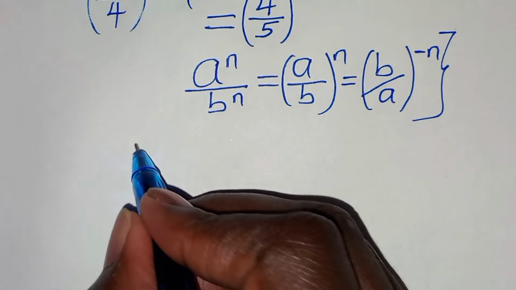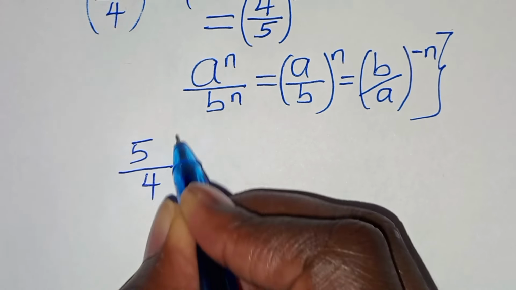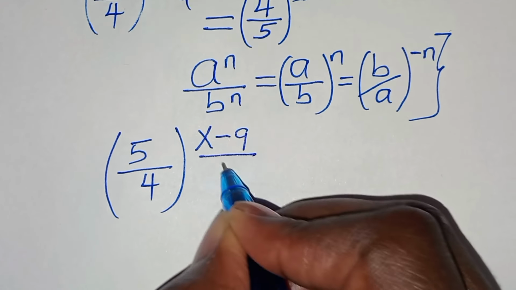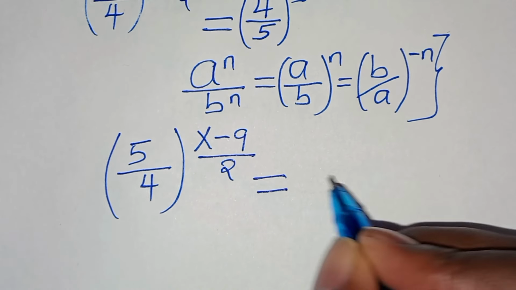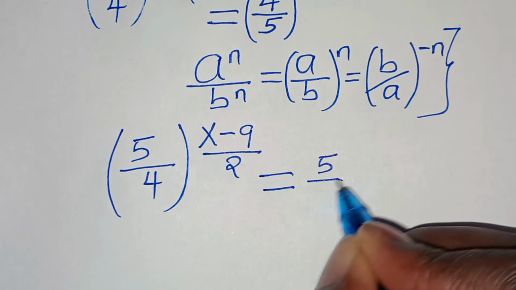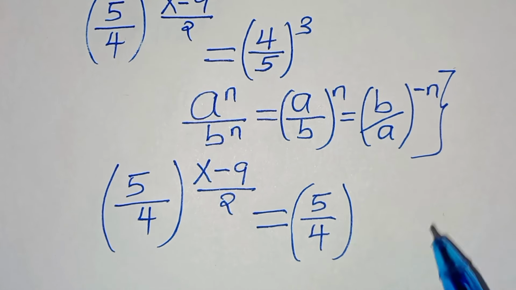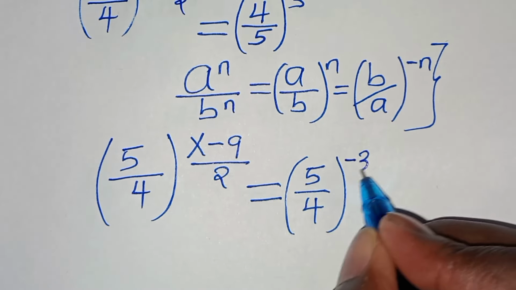This means we have 5 over 4 raised to the power of x subtract 9 divided by 2, equal to 5 over 4 raised to the power of minus 3.